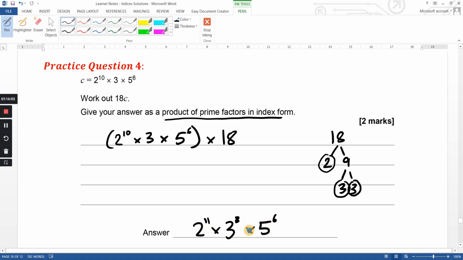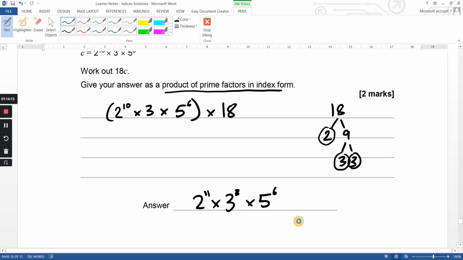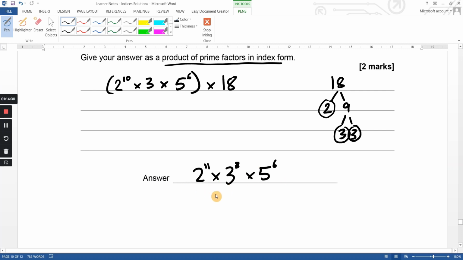Remember, they're all multiplying each other, yeah, so you're not doing it more than once. Hopefully that made sense. So yeah, you're just breaking this down into this, and just joining it with whatever you get here, you're just joining it with these other ones. So you get this as your answer.